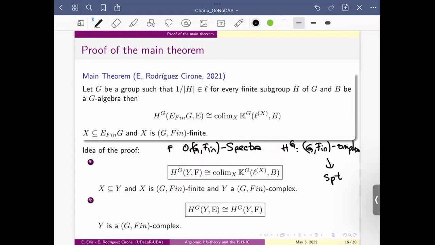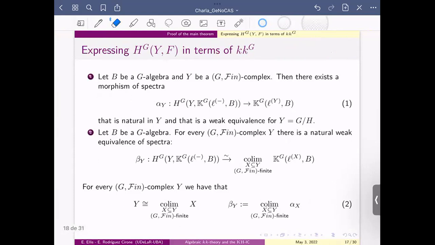Then we work with this spectra, and we write this homology in terms of KKT. As a second step, we relate these two homologies, the one with coefficients in E and the other with coefficients in F. And then we obtain the final result.